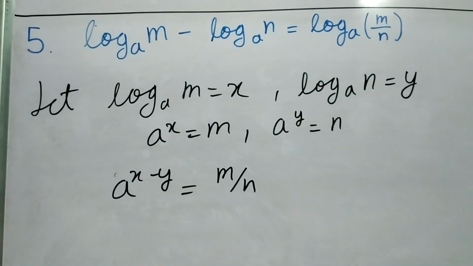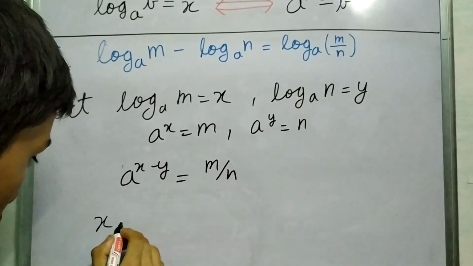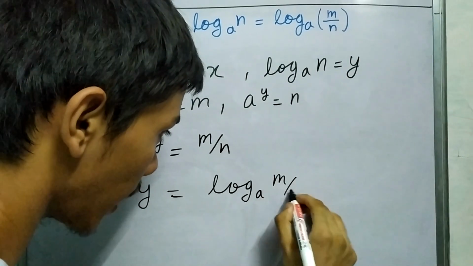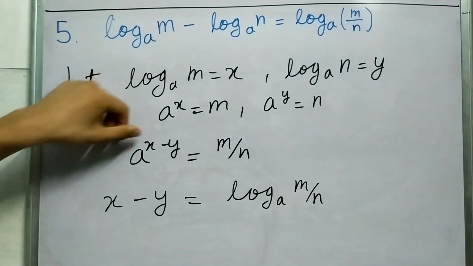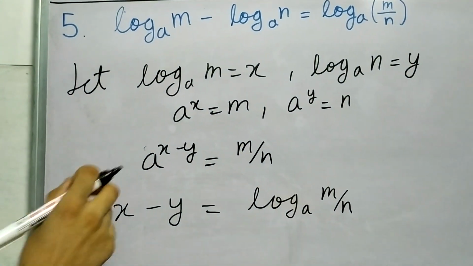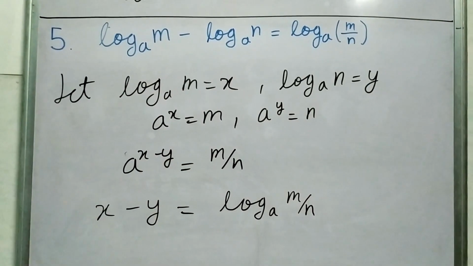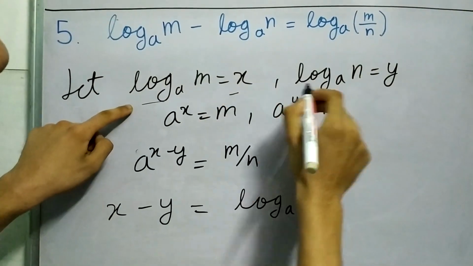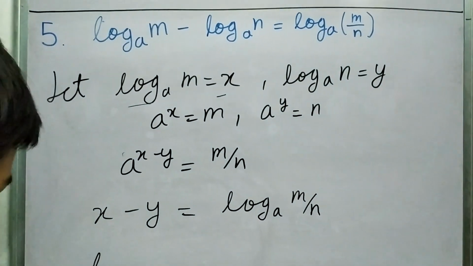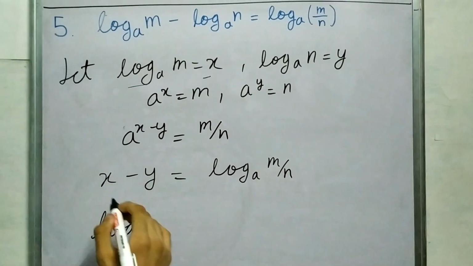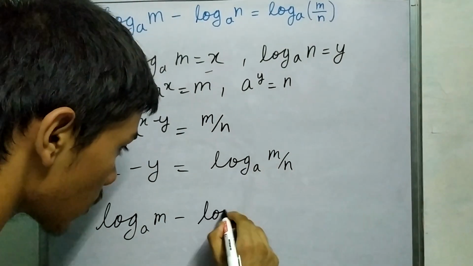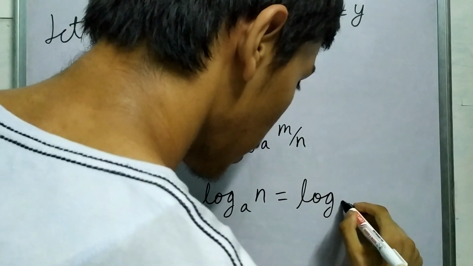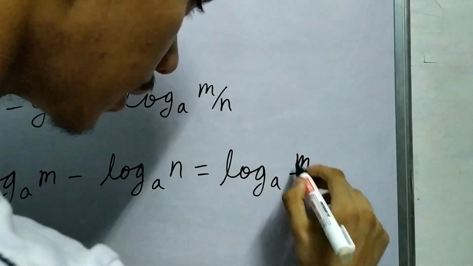And now you know what to do. We take the log on both sides, so we have x minus y is equal to log a m by n. You see why I have straight away written x minus y, because when you take log on both sides, this will pop out. So x minus y, and yes, this is x, this is y. Let's put in the values. Log a m minus log a n is equal to log a m divided by n.